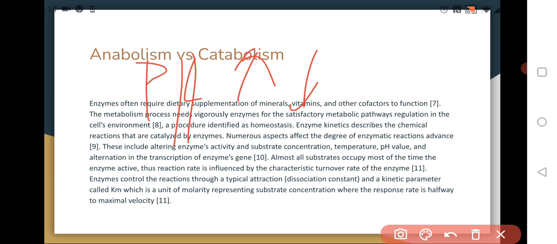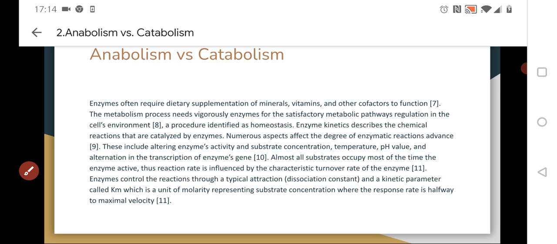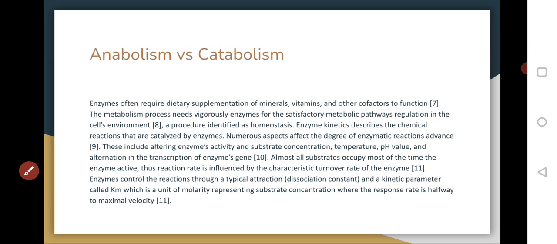Yes, they're regulated by something. And so on and so on. Yes, so there's a lot of conditions that need to be met in order for the enzymes to work efficiently and as we want. It also includes these vitamins, these microelements also, of course.